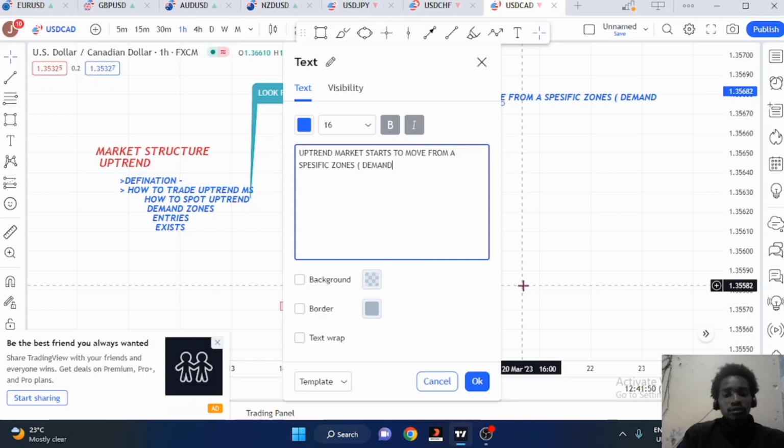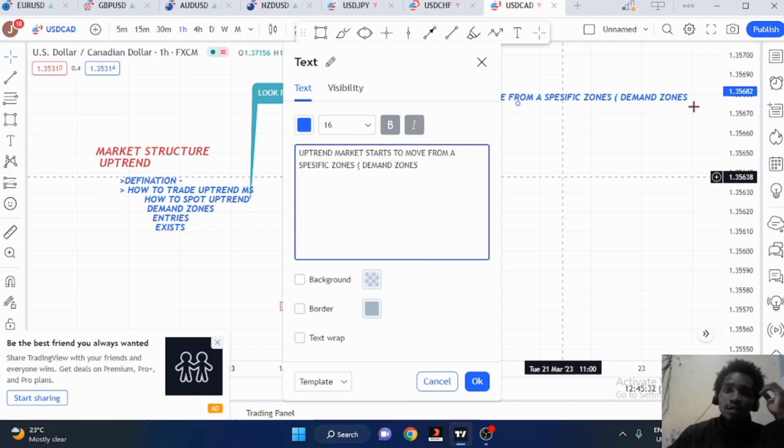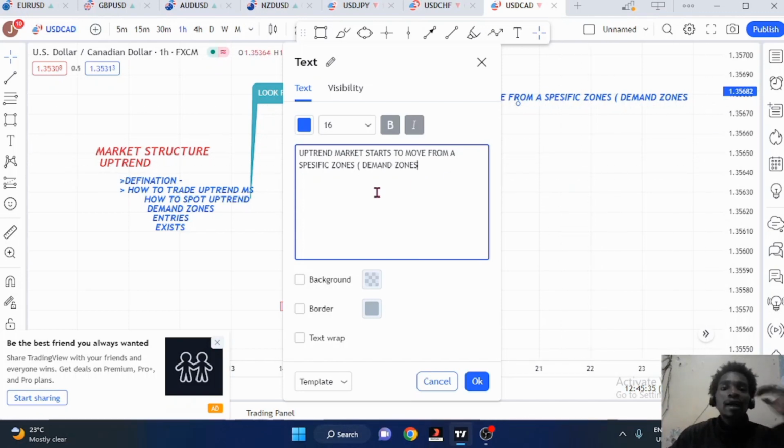Demand zones. Like, the market now starts moving towards its direction from a specific zone. Most beginners make a mistake where, instead of drawing support and resistance zones, they draw a single line, which is totally different from that.